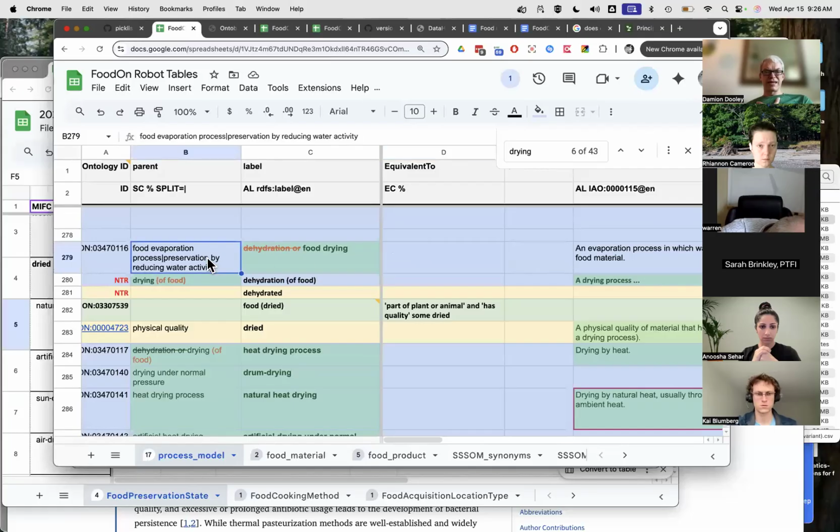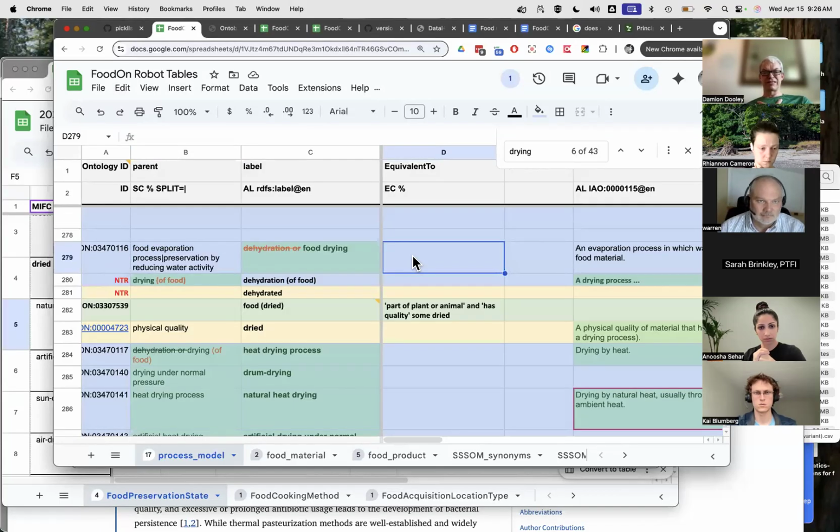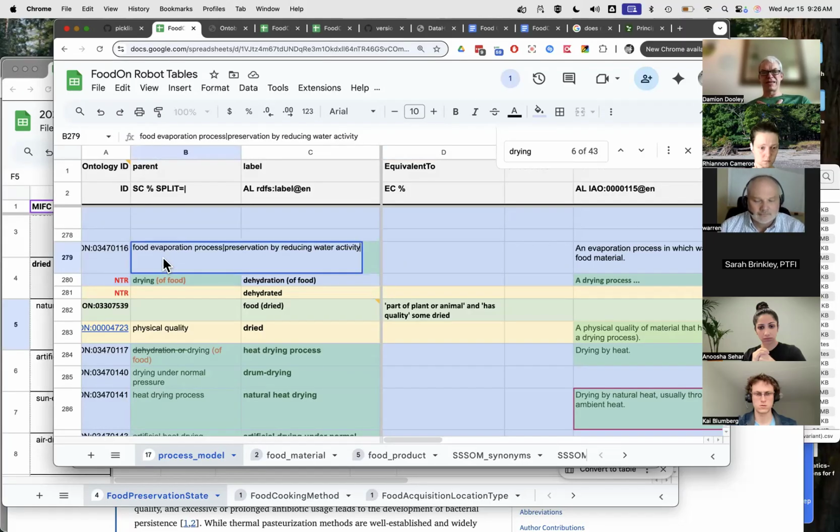So food drying would be a subclass of that, as well as at the moment it's a subclass of evaporation process. Now, evaporation process, drying seems to be able to be accomplished in a few different ways. Osmosis is another way. So this may actually be not a good parent. Anybody know more about that?